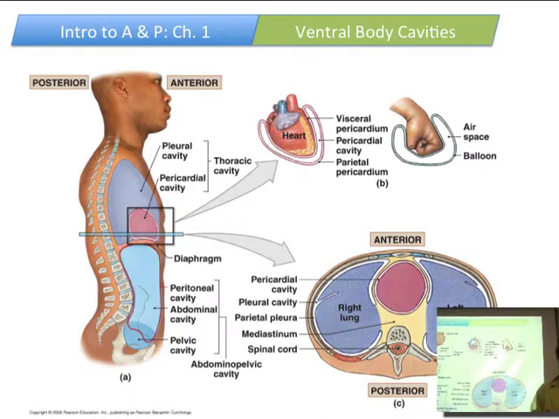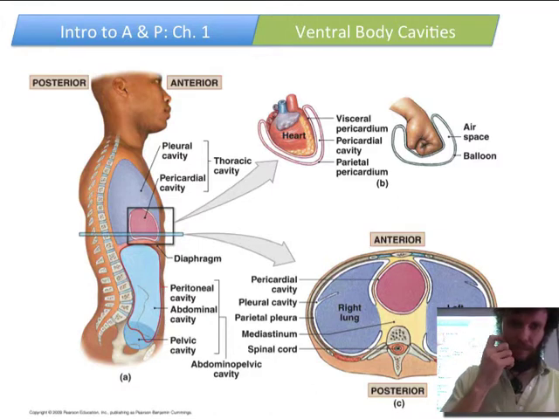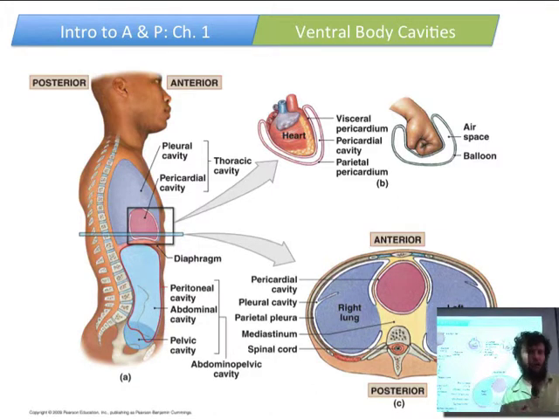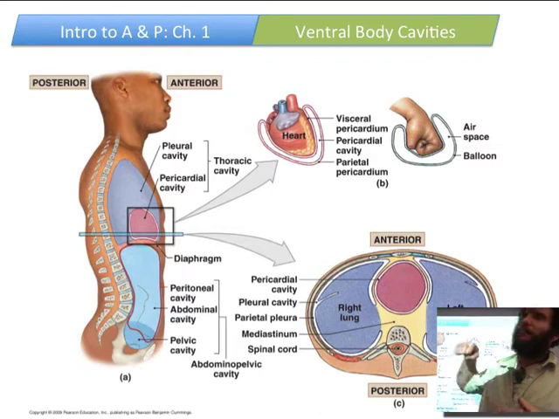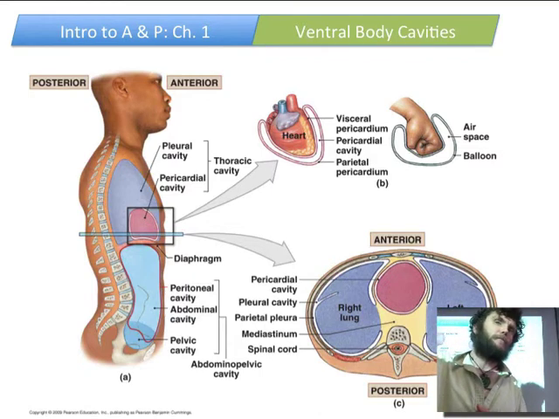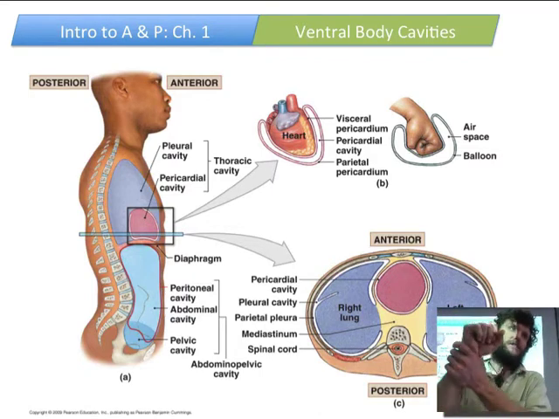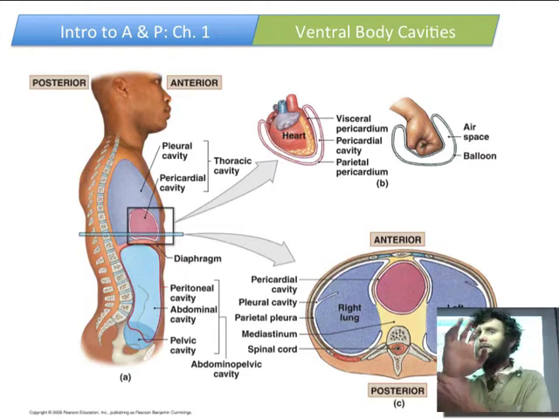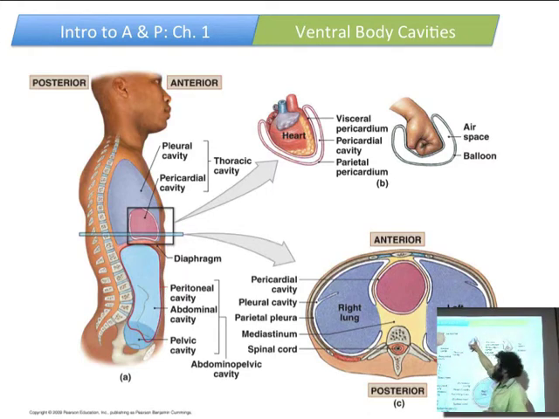Okay. So we've covered the pericardial cavity. There's also the pleural cavity. These are the serous membranes that cover the lungs. Okay? The heart, as it pushes into the pericardium, that wrist, the part that's pushing in, is essentially the great vessels, the vessels that are sticking out the top.